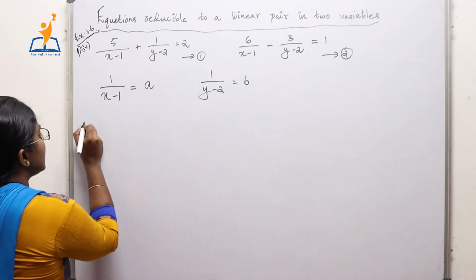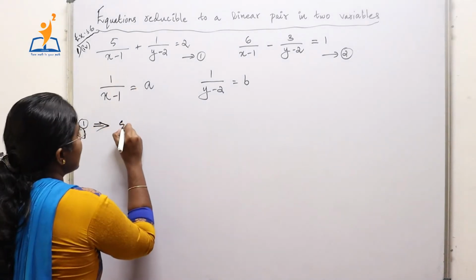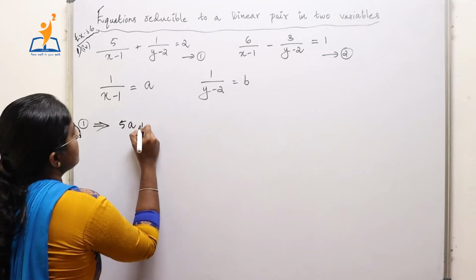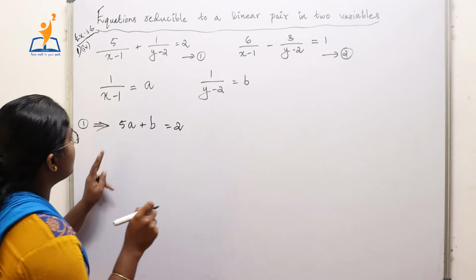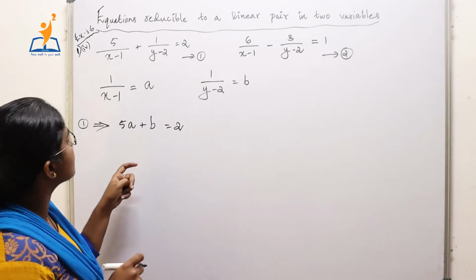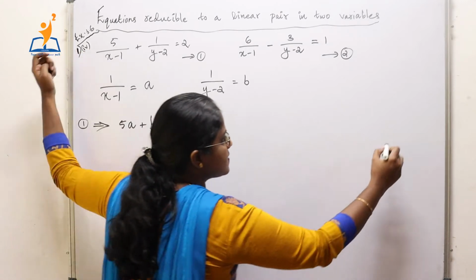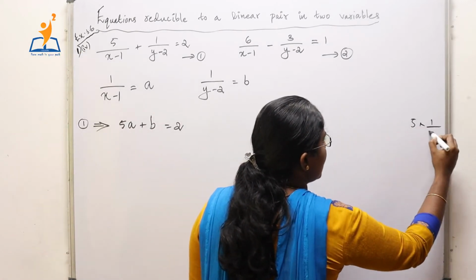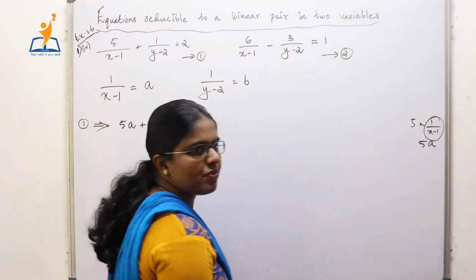Now what will equation 1 become? Equation 1 will become like 5a plus b equals 2. Why is it like this? 5a plus b is equal to 2. 5 by x minus 1 means 5 into 1 by x minus 1. 1 by x minus 1 is a, so it will become 5a.